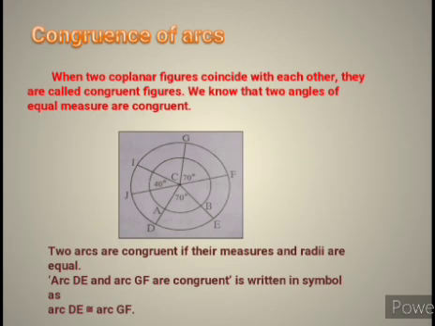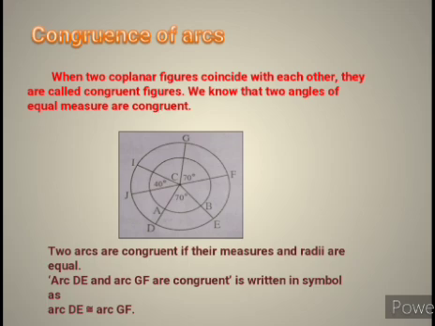Here we study another point, that is congruence of arcs. What is meant by congruence of arcs? In day-to-day life, when we eat chapati or bhakri, we take a quarter part, a half part. That means the arcs are the same because the radii are equal. Therefore that curve or arc is the same. When two coplanar figures coincide with each other, they are called congruent figures.